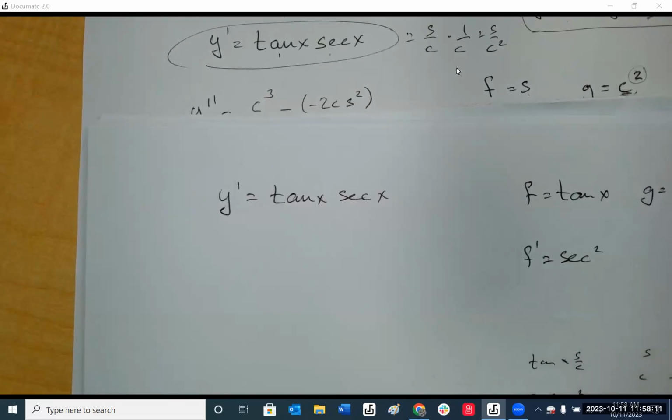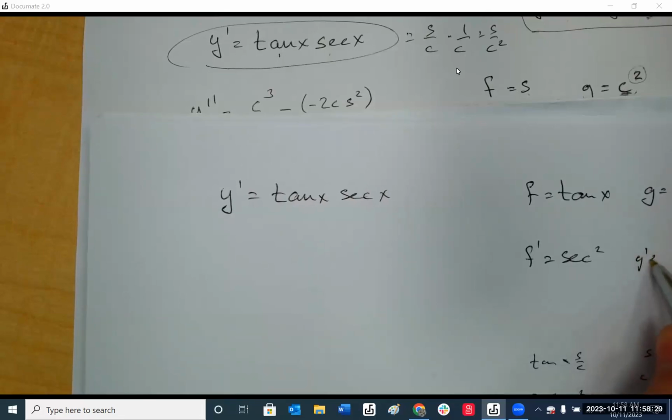And the derivative of secant, 1 over cosine, is 1, 0, cosine, negative sine, so sine over cosine squared, which is tangent secant.